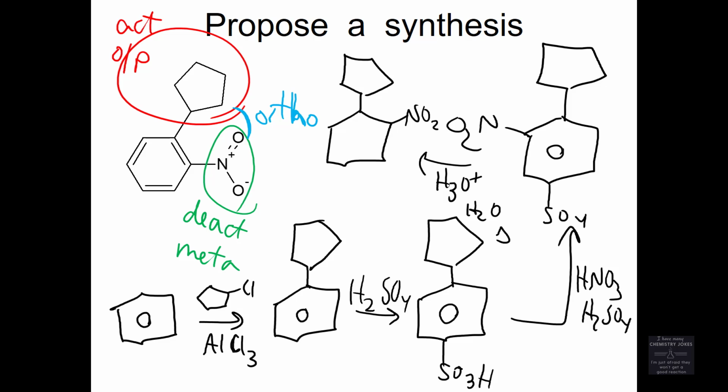So even though we had to go a roundabout way, this type of synthesis is very doable because we know our ortho-meta-para directors like the back of our hand, don't we? Yeah. Even if you suck at synthesis, students can generally do aromatic synthesis okay. You should practice them, though, for sure, for sure, for sure.